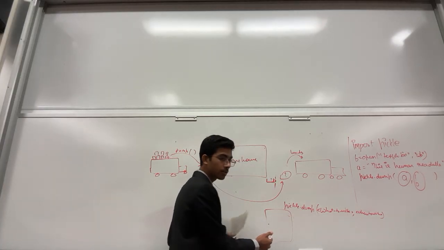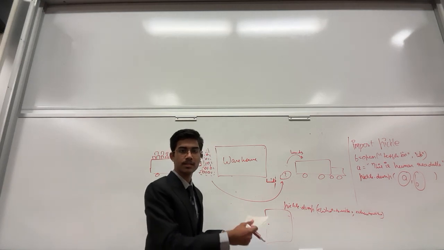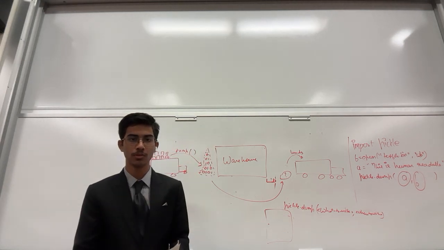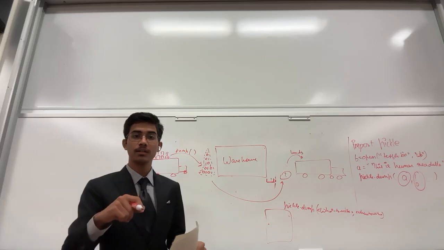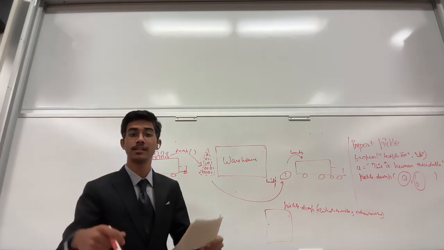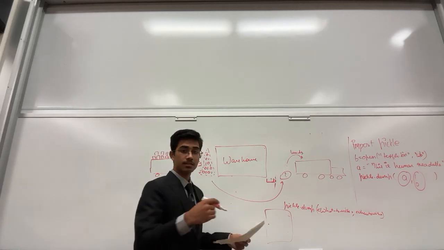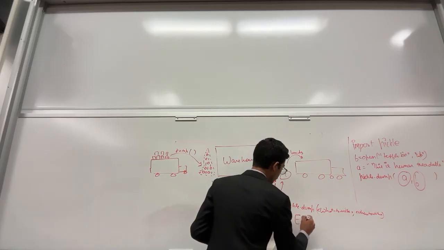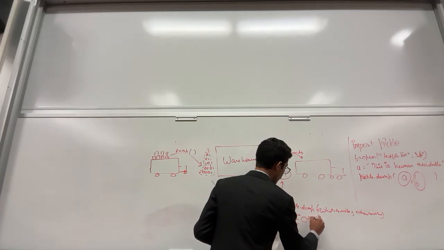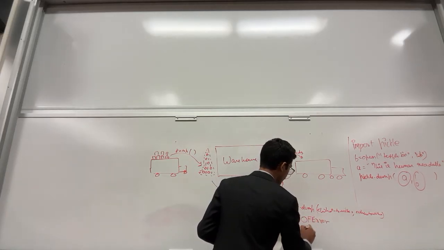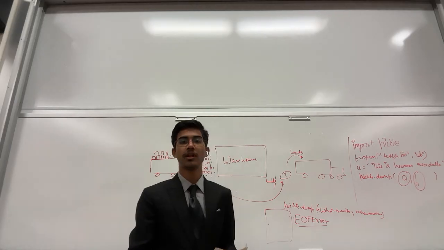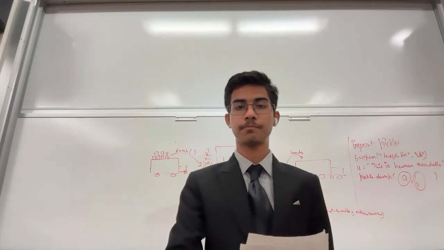It comes back again to this file, but there's nothing left to convert into human readable format. So it raises an error, it raises an exception, and that is called the EOF error, which stands for end of file error.